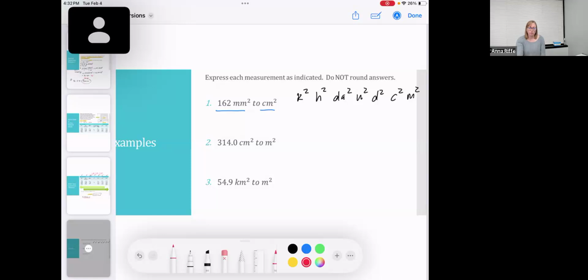And then I can note that I'm starting with square millimeters, which is right there on the left. And then I'm only moving 1 prefix to the left. But each prefix is worth 2 decimal places. So I'm going to go left 2 when I do this conversion. 162. Going to move 1, 2 to the left, giving me 1.62 square centimeters. So that should be my result. Each prefix accounts for 2 decimal places when I am working with area.